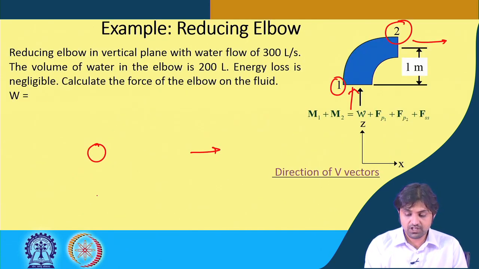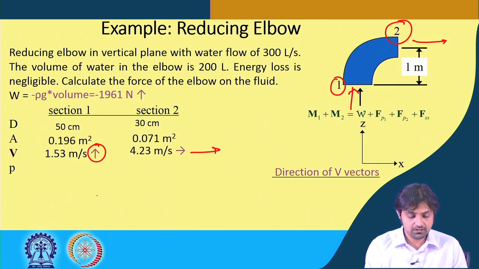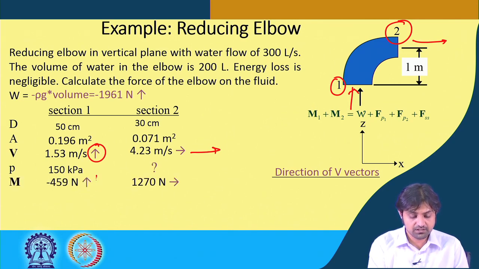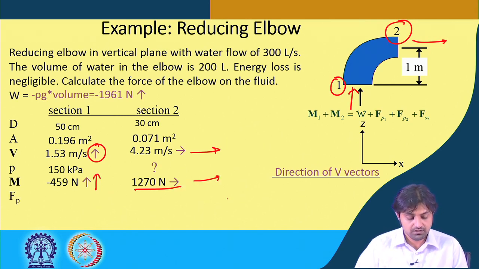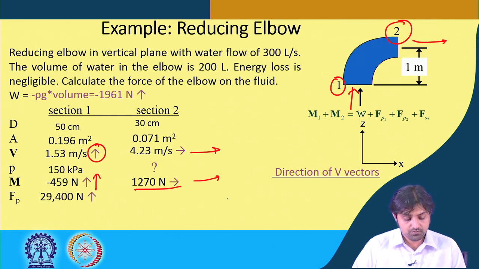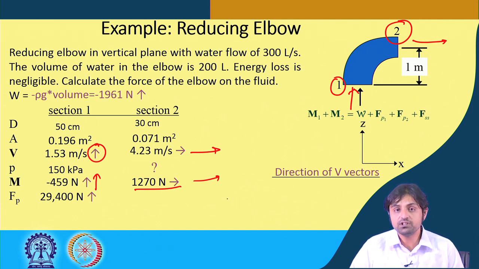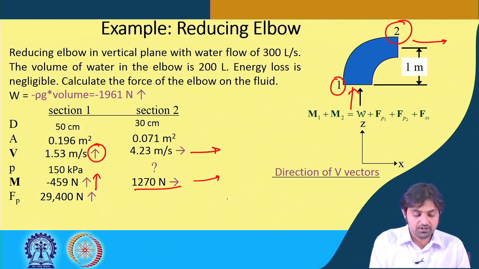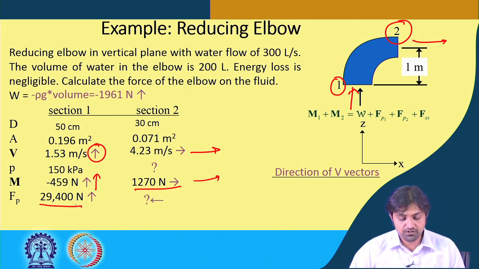You substitute that and you will be able to find M, but the direction is the same as the velocity vector at section 1, and it will be 1270 Newton in this direction. So Fp is going to be 29,400 Newton. We are going to see a more detailed problem in the upcoming slides, but the force due to the pressure is 29,400 Newton here.